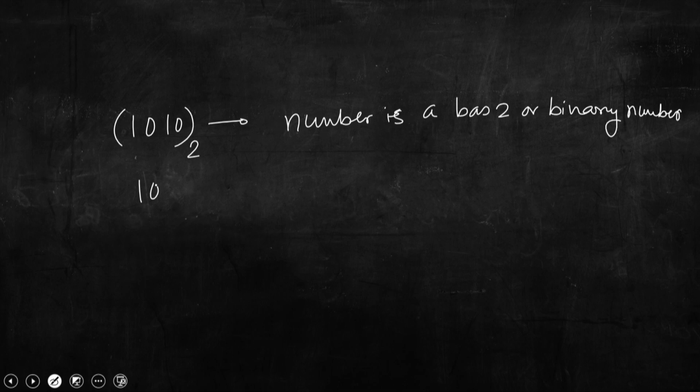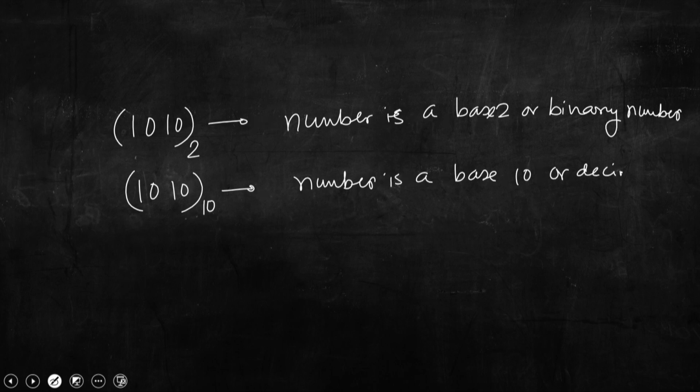And if we write 1010 base 10, this is also a number, but it is a base 10 or decimal number. So, let me clarify this part. This is base 2, this is a base 2 number.